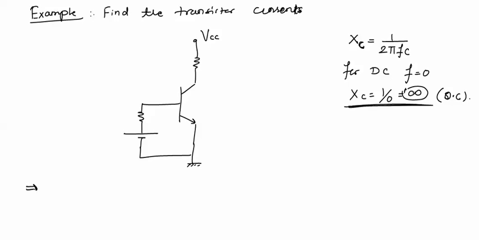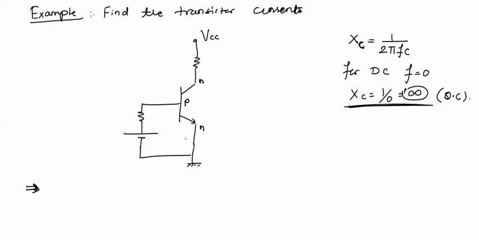First we will go by observation, as this is an NPN transistor. In this NPN transistor, the collector will be N region, base will be P region, and the emitter will be N region.